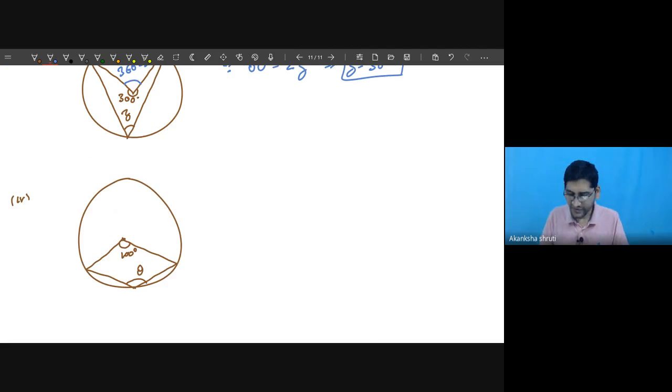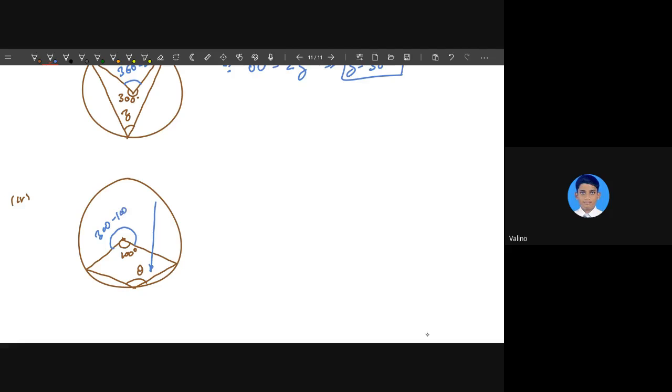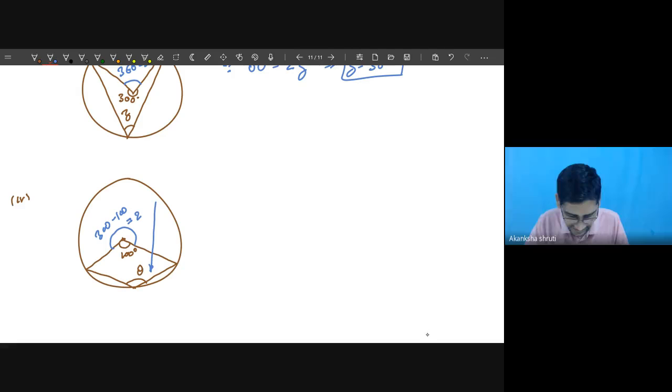Now come to this one. What will be the angle theta? Theta is on the downward direction, so we need this bigger angle, and its half. So what is this bigger angle? The bigger angle is 360 minus 100, which is 260.